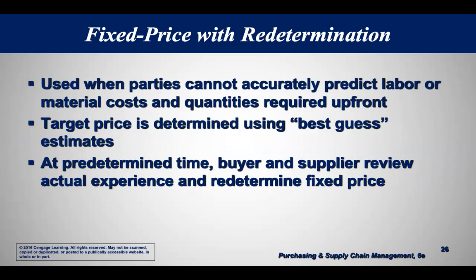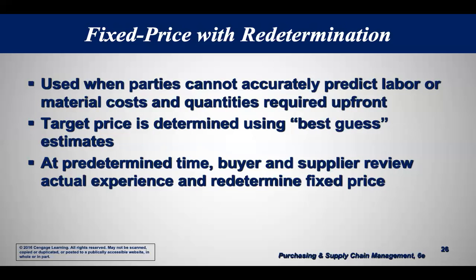So you can determine the fixed price later on with your actual experience based on what's happening in the market. You may not know what the price was at the beginning. It was kind of a best guess. And after a year, you can redetermine the price based on things that actually happened.